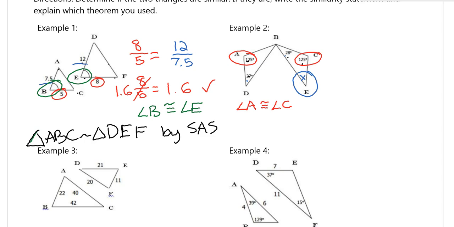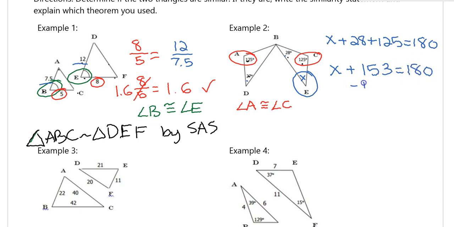So I have x plus 28 plus 125 has to equal 180. 28 plus 125 is going to be 153, equals 180. And then I'm going to subtract 153 from both sides.